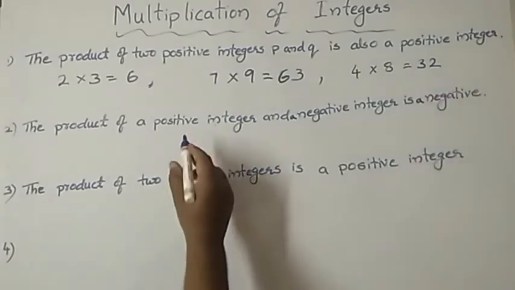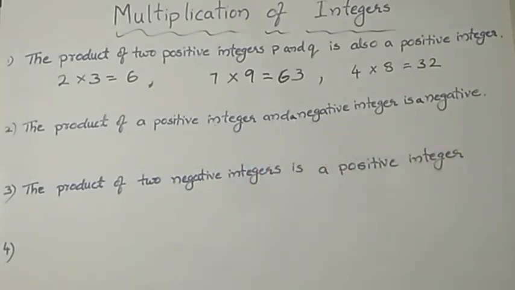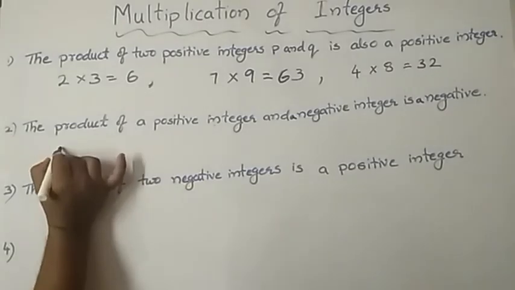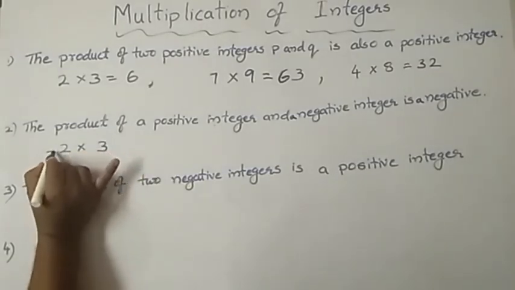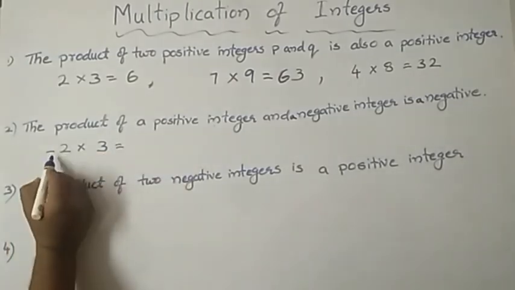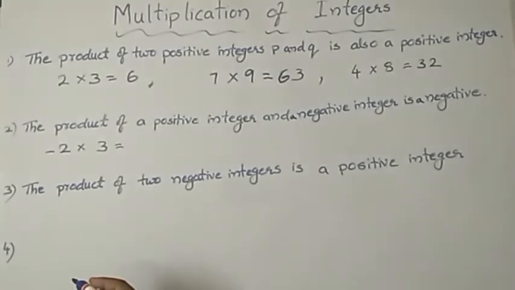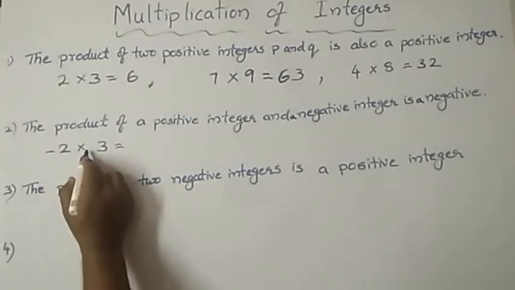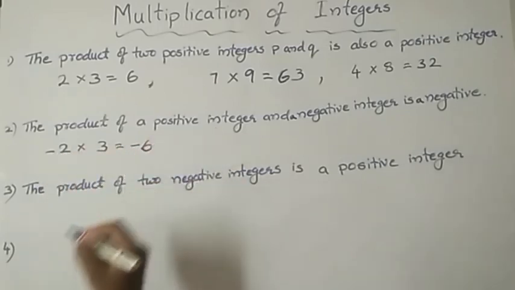Product of a positive integer and a negative integer is a negative. We'll check here. See, the same numbers I am taking. -2 into plus 3 means minus into plus. Minus 2 3s are 6.